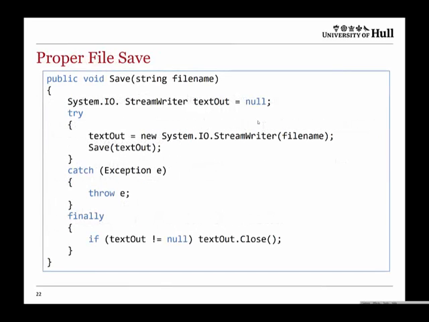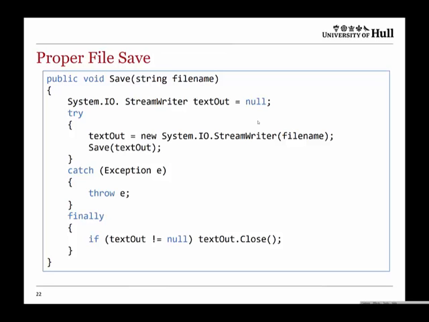And so this is my absolutely perfect proper file save, which I really, really like. Try and write the file. If it blows up, we get an exception thrown, and I throw it again. So, okay, does that look stupid?